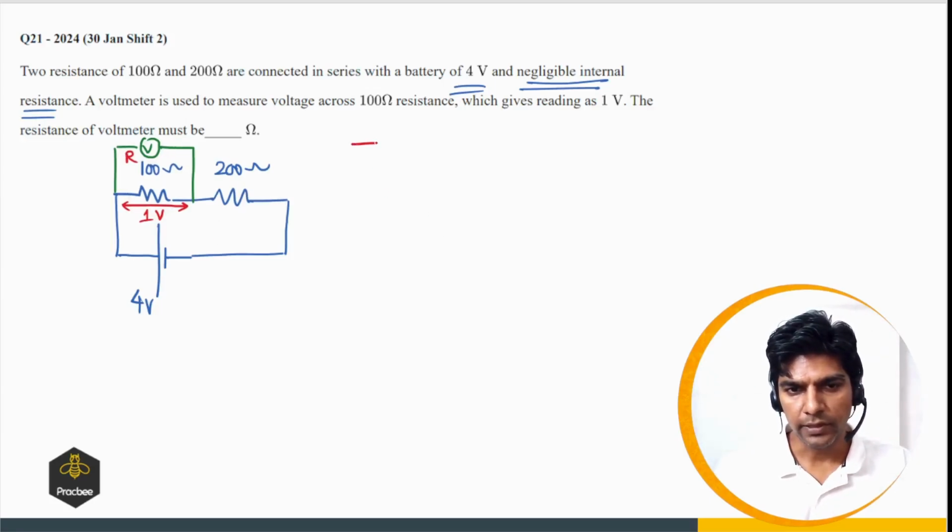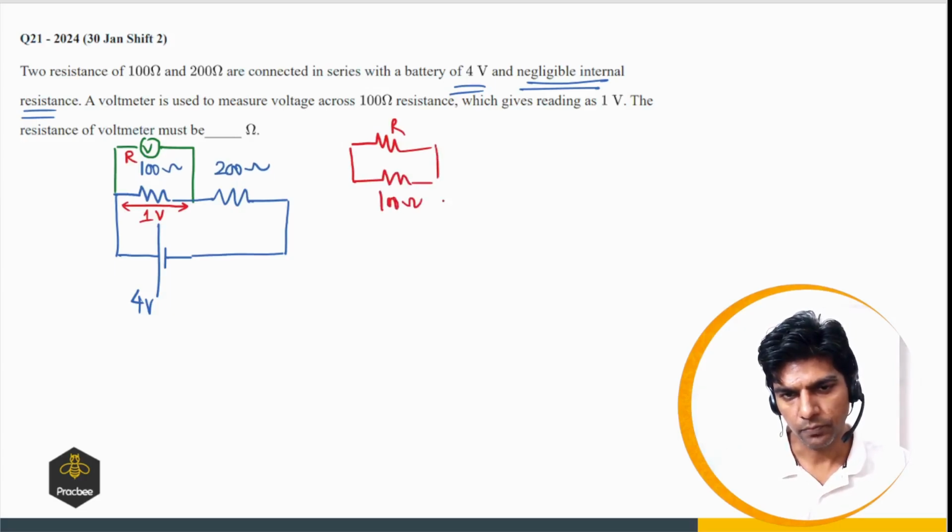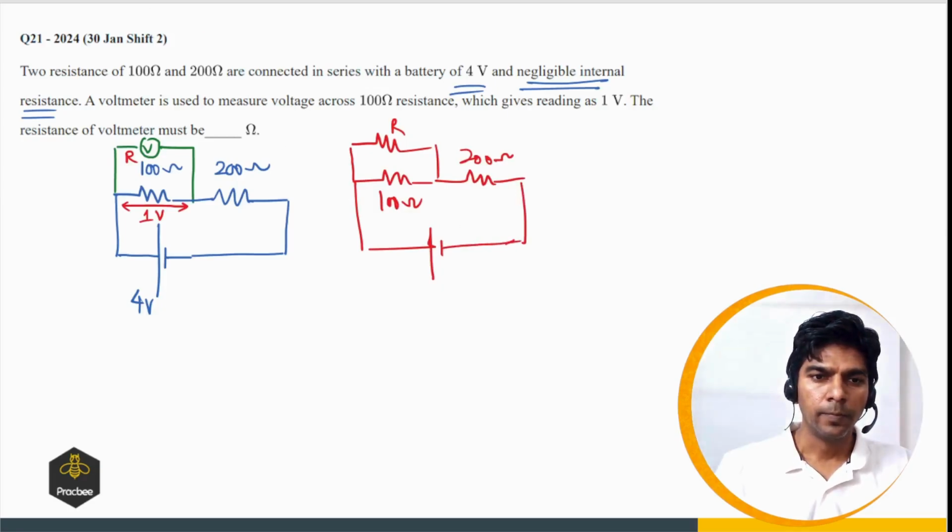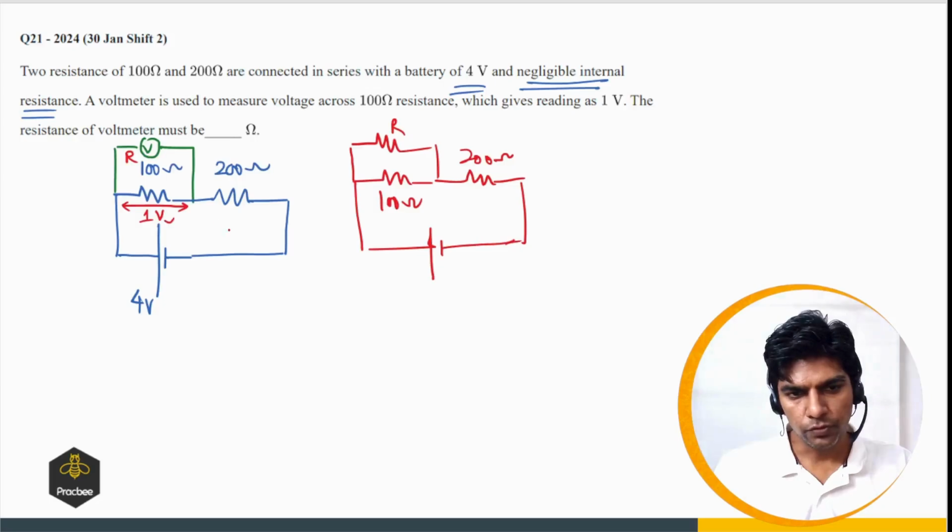So the equivalent circuit will look like this. So we have a resistor R which is connected in parallel with 100 ohms, and there is 200 ohms here, and this is the battery. So if this is 1 volt, then across 200 the potential drop will be 3 volt. 1 plus 3 is 4, that is the EMF of the battery.